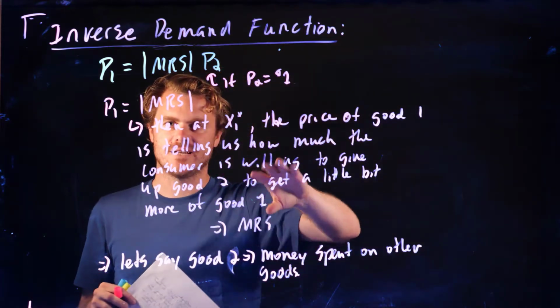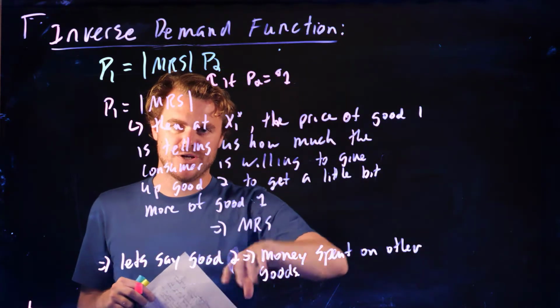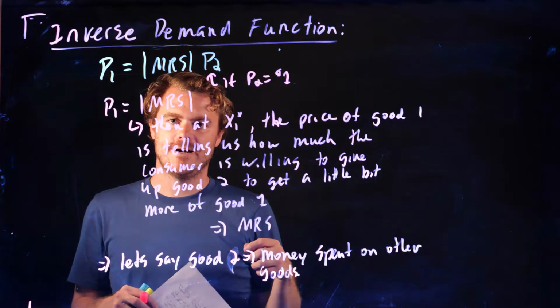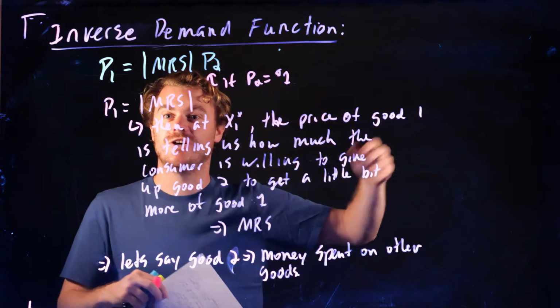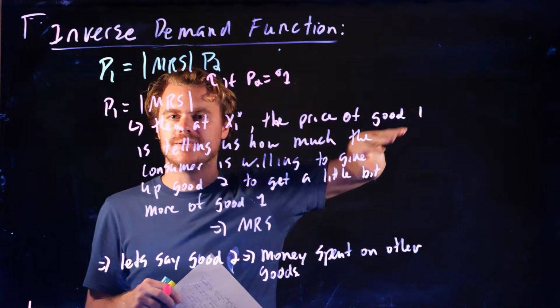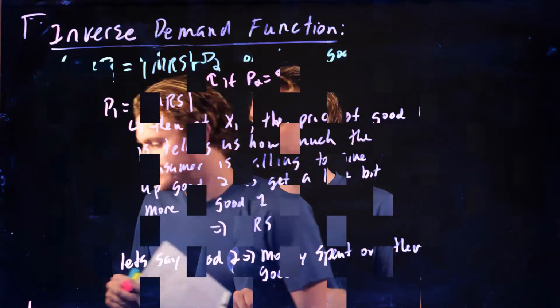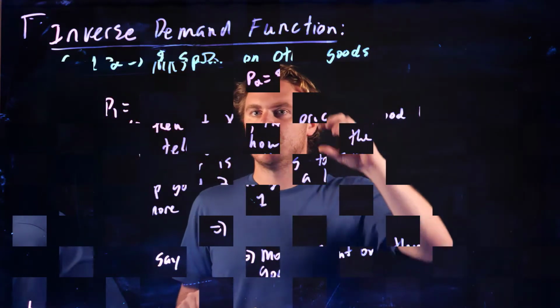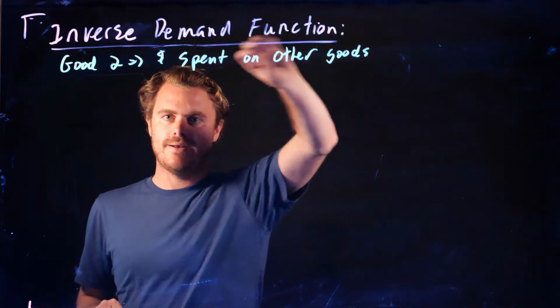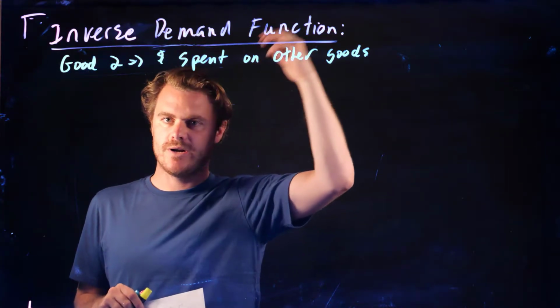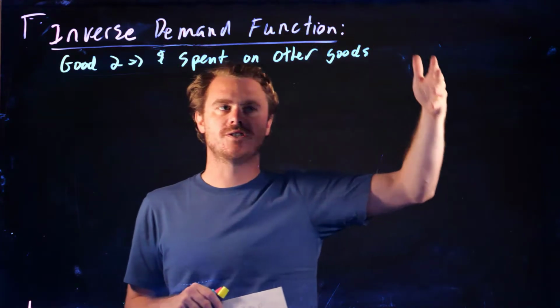Let's talk about what the meaning is when good two is that composite good of everything else, and good one is something that we're interested in. So good two is the dollar spent on other goods.